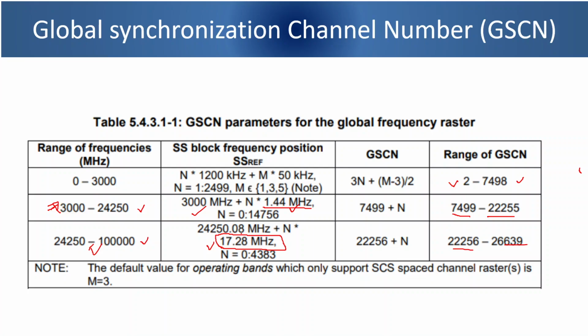So the global frequency raster is a standard which can always be referred to and does not change, whereas the GSCN step size keeps changing. Those again refer back to an absolute ARFCN value. Whenever you mention a GSCN, it will correspond to one global ARFCN value. Is that clear to some extent?